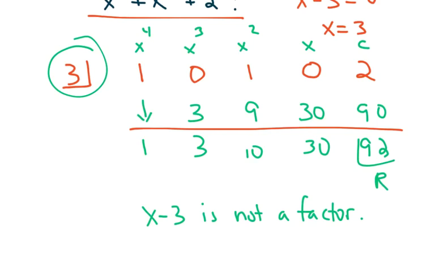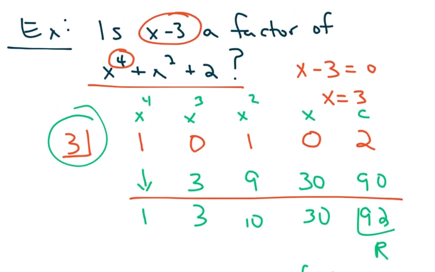There is another way of determining the remainder other than using synthetic division, so I'll do this in a different color. What I could have done is I could have plugged 3 in to this polynomial, and this is called the Remainder Theorem.